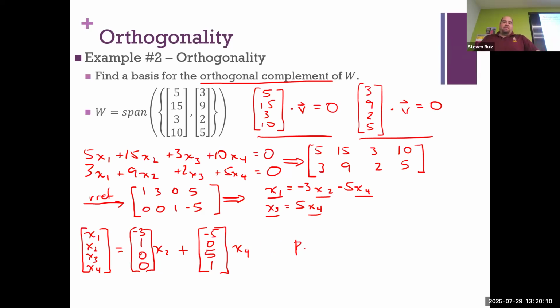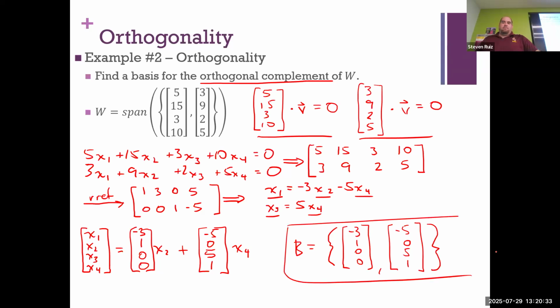So the basis we found has what dimension? 2. So negative 3, 1, 0, 0 and negative 5, 0, 5, 1. Questions?